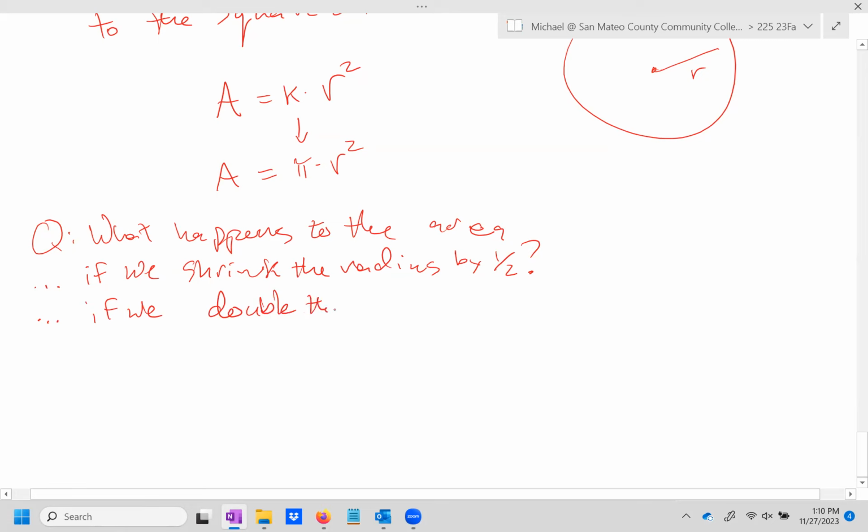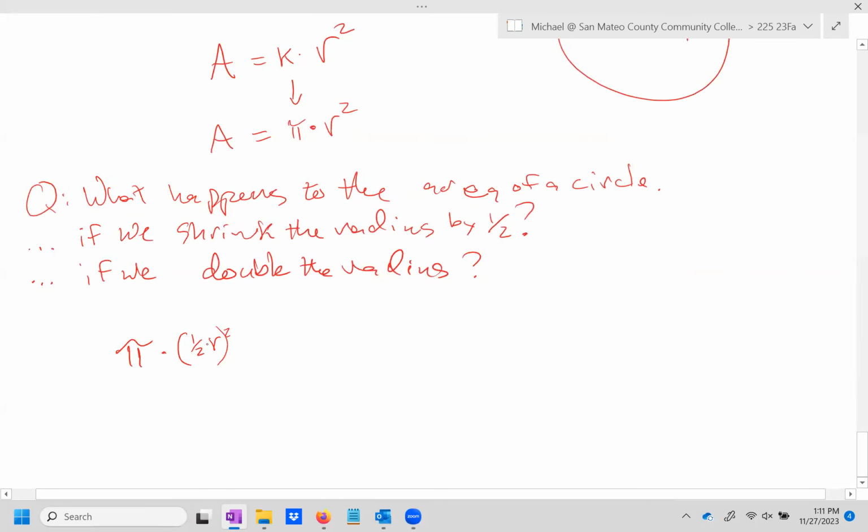What happens? So if I start with something like pi times r squared, okay? I'm going to say instead of just r, I'm going to divide it by 2. 1/2 r squared. What happens to the overall area?